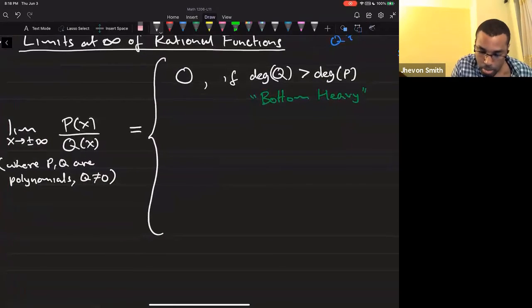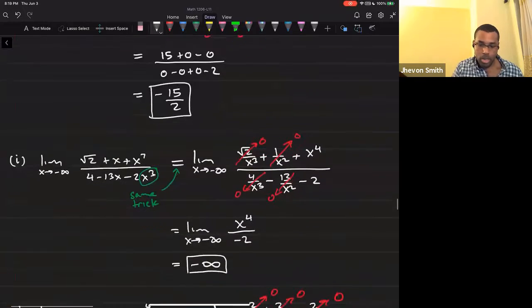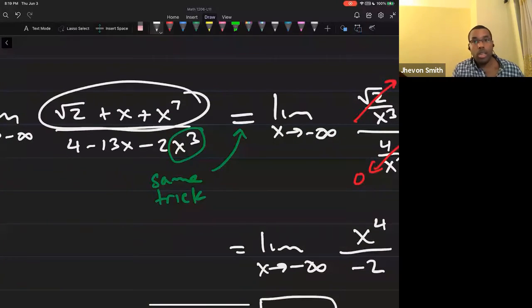A second scenario would be you would get an infinite answer. So you can get a plus or minus infinity. This will happen if the degree of p is larger than the degree of q. So that's what happened up here. So notice that your p is this guy. The largest power of x is x to the 7th, right? And your q is this guy.